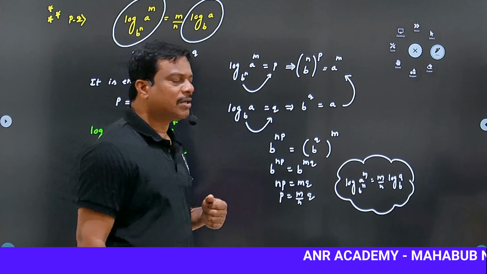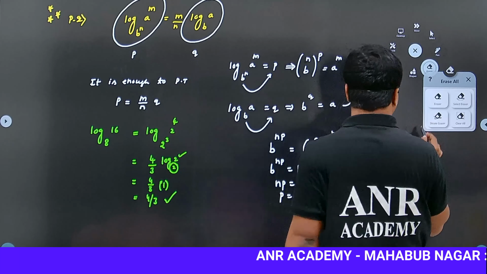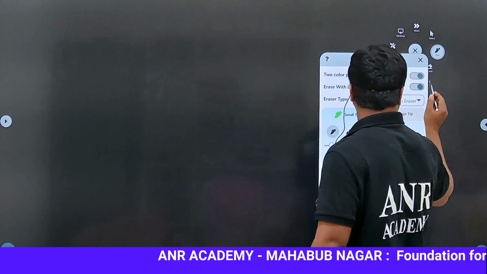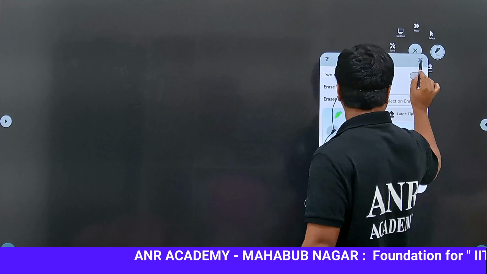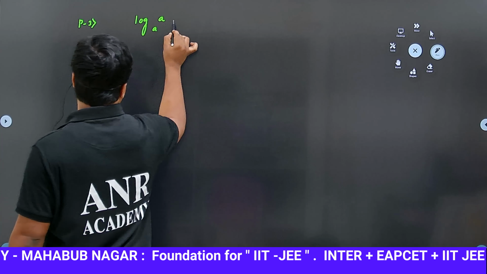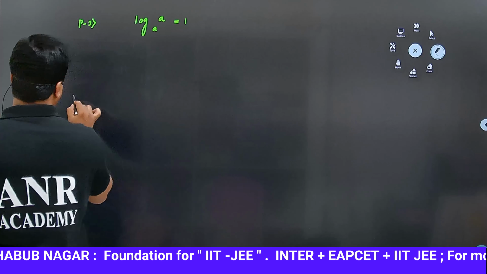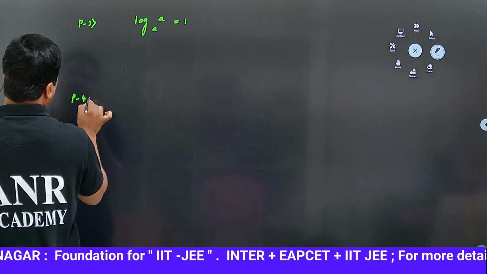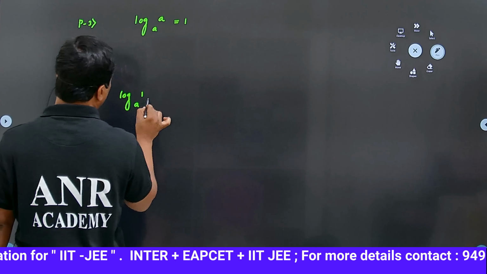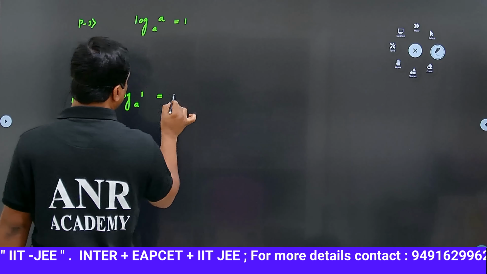Let us move to the third one. Property number 3: log a to the base a equal to 1, and property number 4, log 1 to the base a equal to 0.